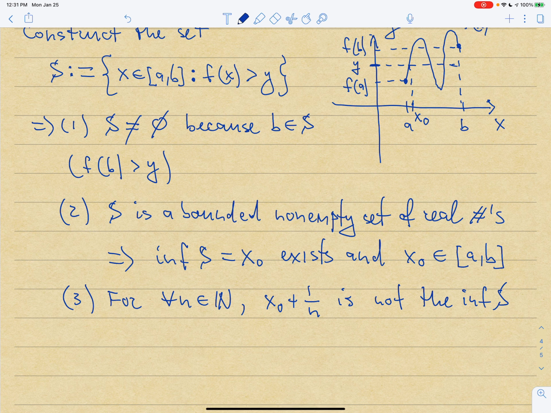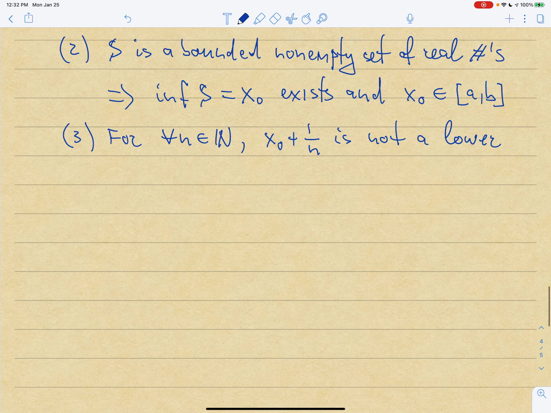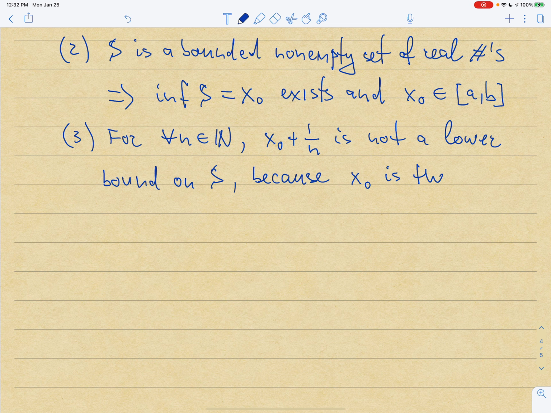In fact, it's not just not the infimum of S, but it's not a lower bound on S, and this is because x0 is the greatest lower bound on S.